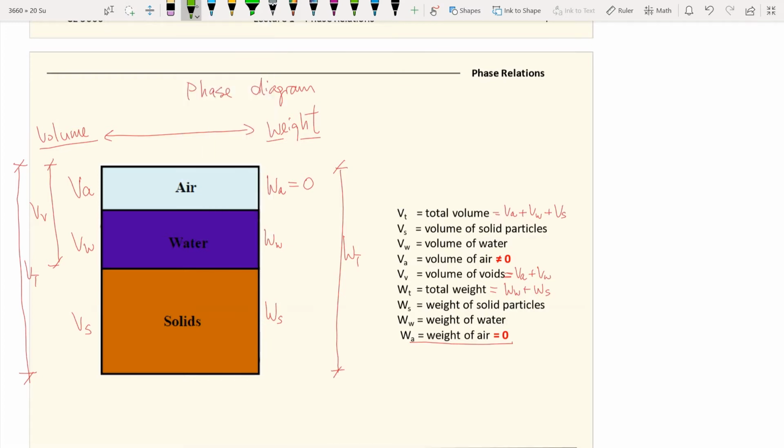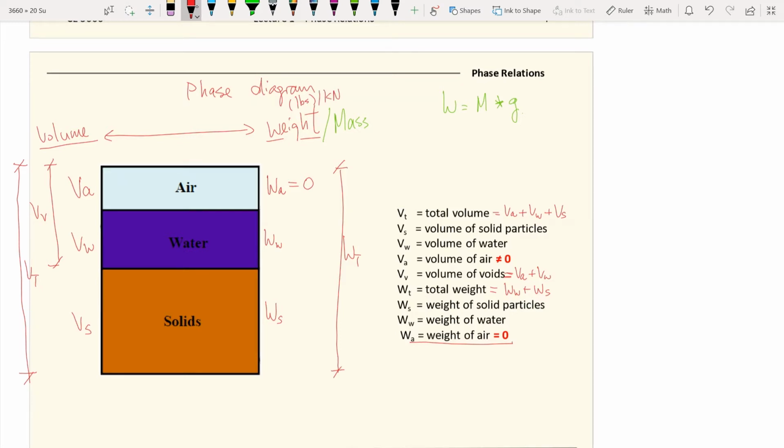And oftentimes, the weight can be mixed up with the mass. Sometimes we use mass to represent the weight. And actually, they are the same thing because the weight is equal to the mass times gravity. So the difference between the weight and the mass is a constant, which is gravity. So sometimes you may see problems that represent the weight in pounds. So weight usually comes in pounds or kilonewtons, if it's an SI unit.